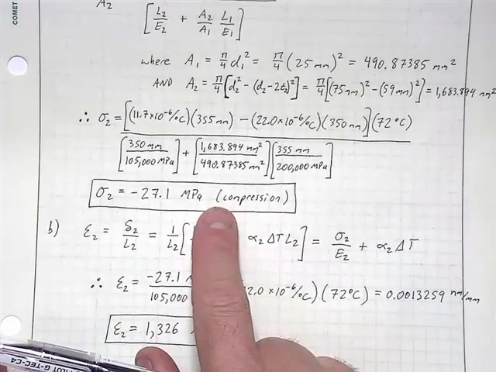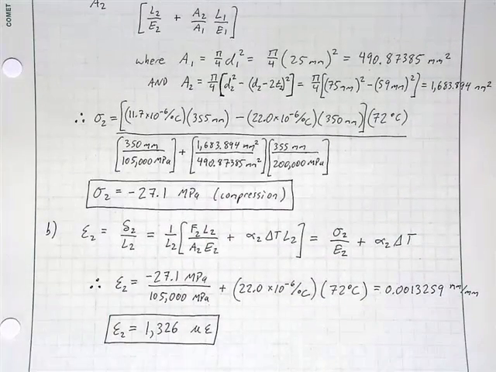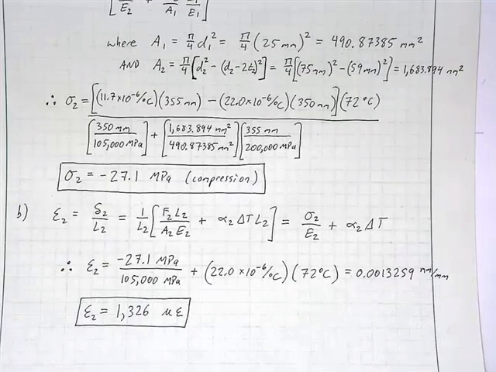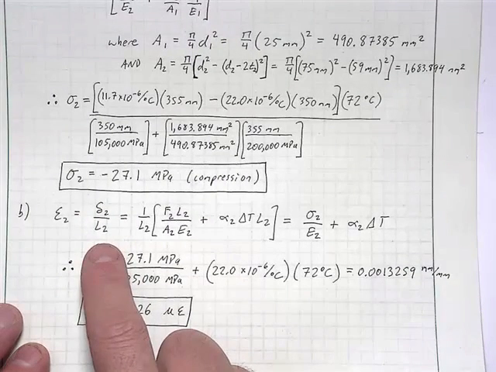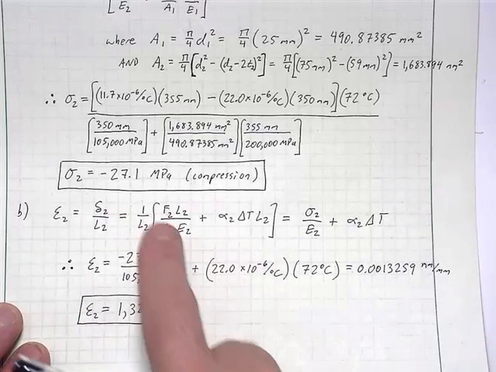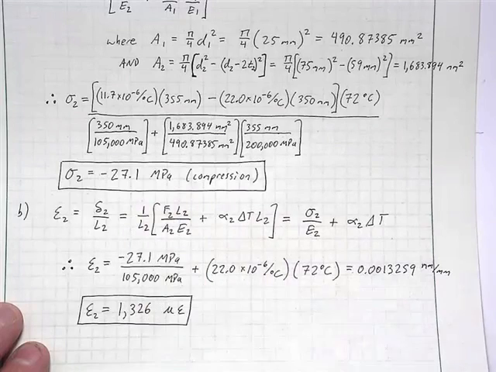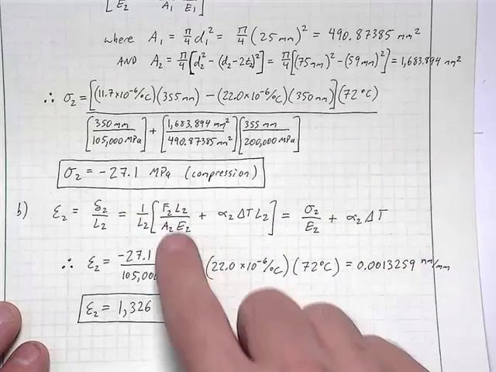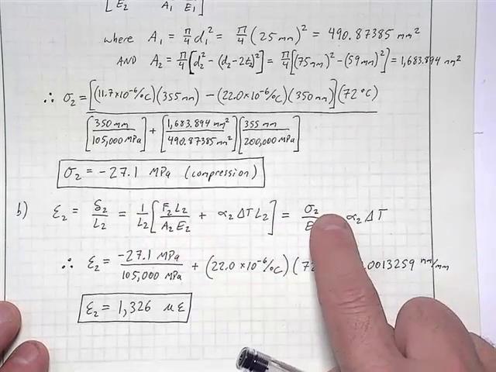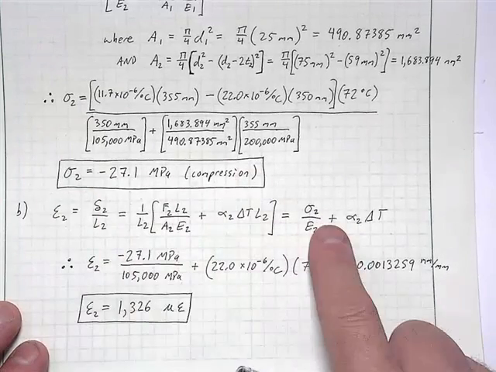Okay, and the second part is what's the strain in the sleeve, and that's just going to be the deformation of the sleeve over its length, where the deformation of the sleeve is given by its force deformation temperature relationship. Okay, we can simplify this a great deal. We have F2 over A2 is just sigma 2, and we just calculated what the normal stress was.